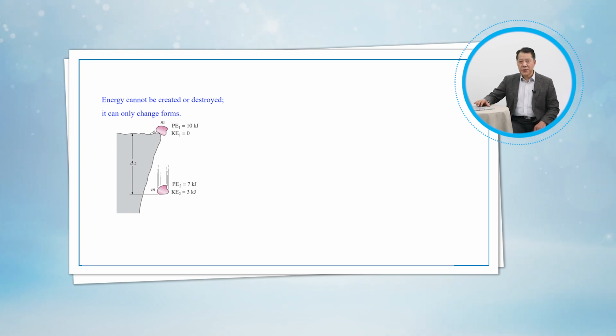Experimental data show that the decrease in potential energy exactly equals the increase in kinetic energy when the air resistance is negligible, thus confirming the conservation of energy principle for mechanical energy.